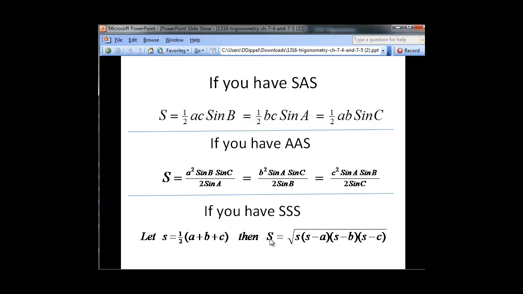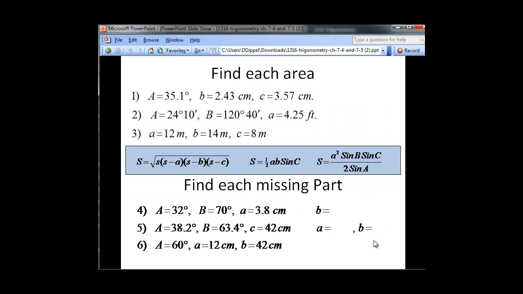Then the actual area is the square root of this number that you just summed, cut it in half, times that number subtract side A, times subtract side B, and times subtract side C. So if you have three sides, you sum the sides, cut it in half, and that's a number we call little s. And then the square root of little s times little s minus each of the sides will give you the area.